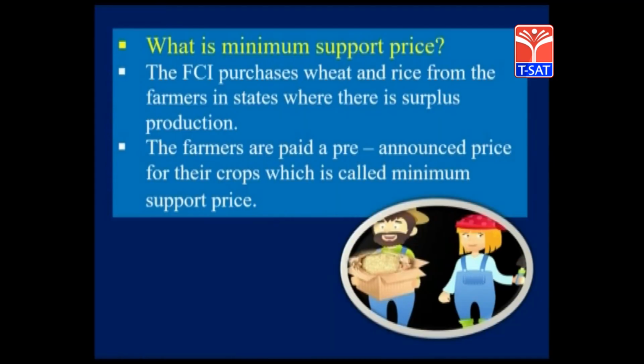The rates of the food grains to be purchased by the government from the farmers are fixed at the time of production, prior to the actual production coming out. Such a price is called minimum support price, and the ideology behind this scheme is that the farmer should not be at a loss at all. So minimum support price is fixed.